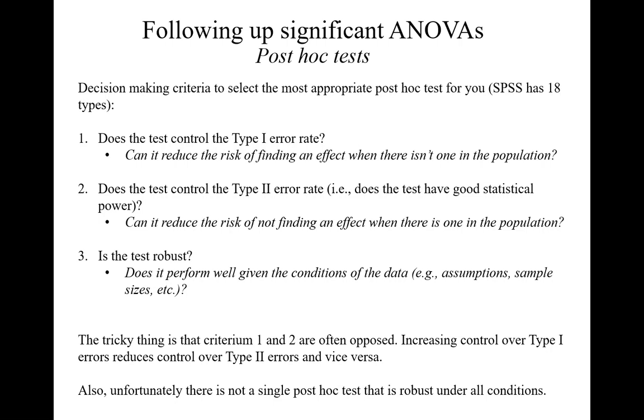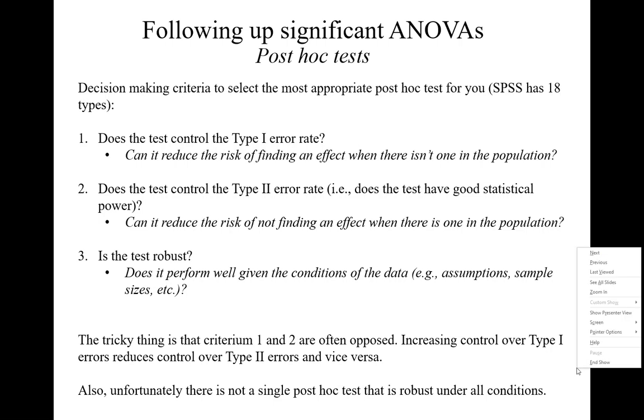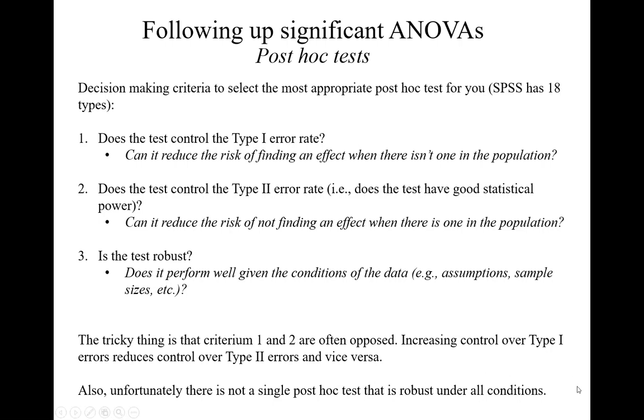Unfortunately, there is not a single post hoc test that is robust under all conditions. There's not one test that is one size fits all. You have to make a decision depending on what kind of data you've got and whether you want to be a bit more conservative or a bit more liberal in your outcome, whether you want to control more for type 1 or type 2 errors.